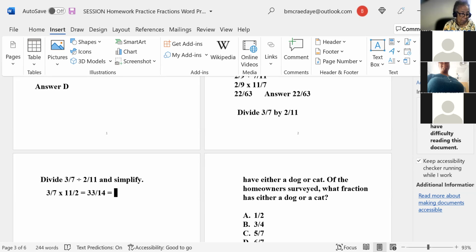A mixed number. Okay, hold on. Convert that improper fraction, 33/14, to a mixed number. 33 divided by 14 is how many times? 14 ones is 14.